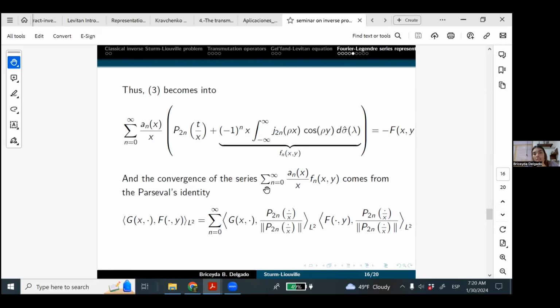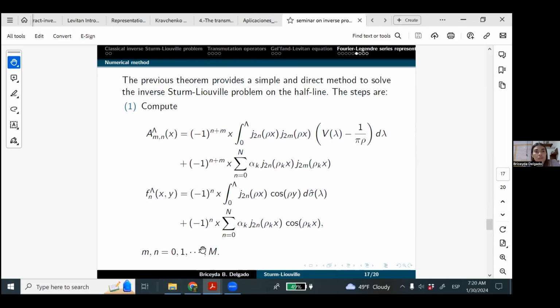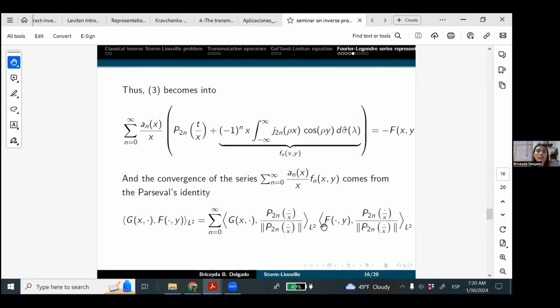Then this series will be equal to this inner product. And this is the sketch for the proof.